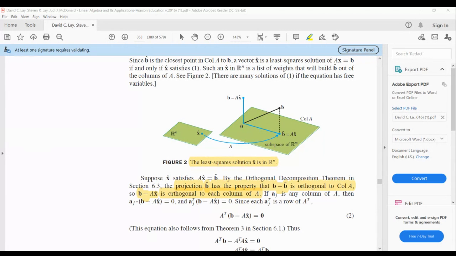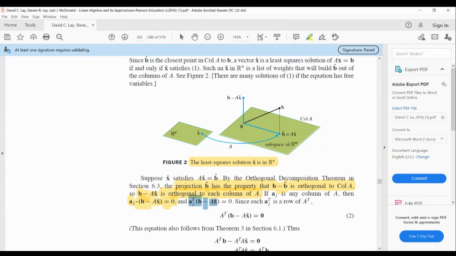So b minus A x hat, and they show that vector there in the picture, is orthogonal to any column vector of the matrix A. And so that means that the dot products of every column vector of the matrix A with the vector b minus A x hat would have to equal 0.